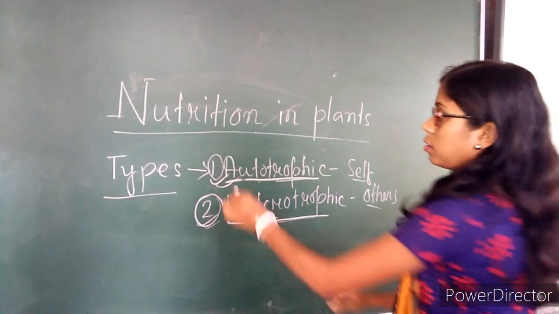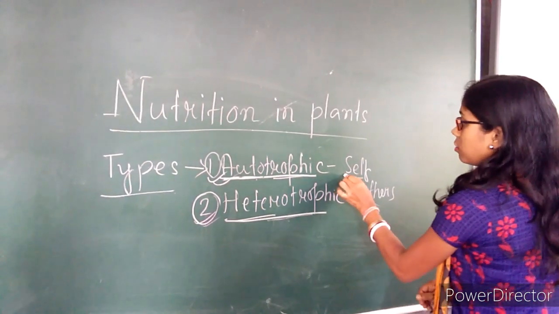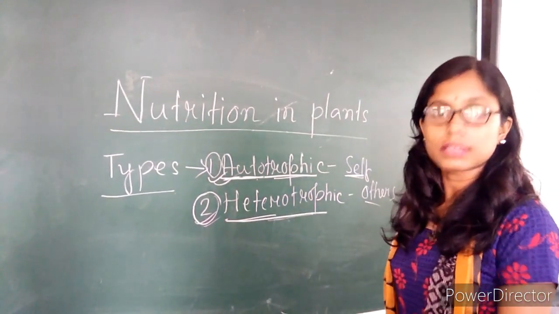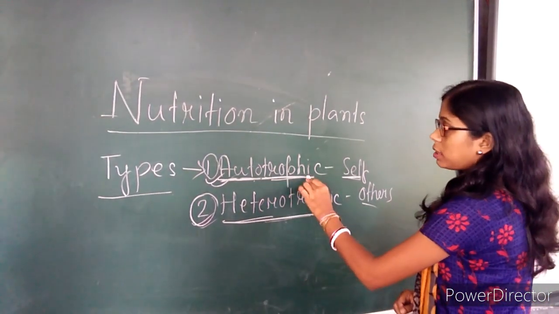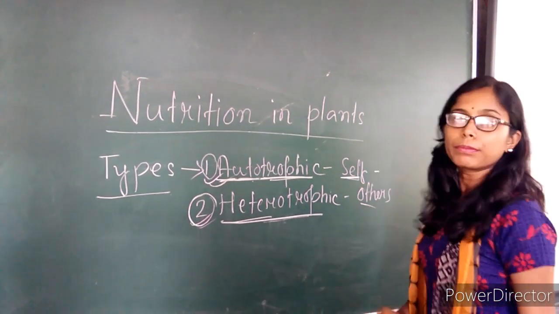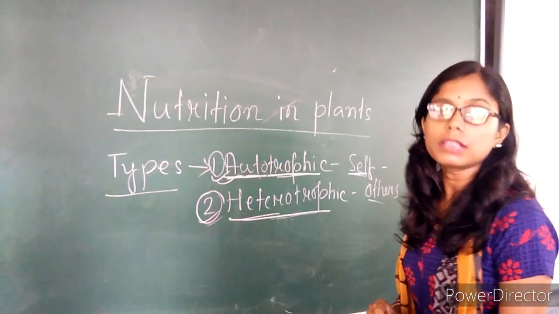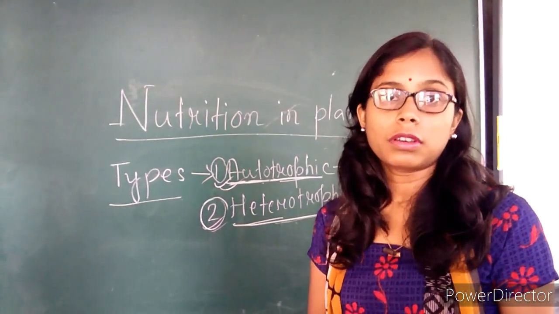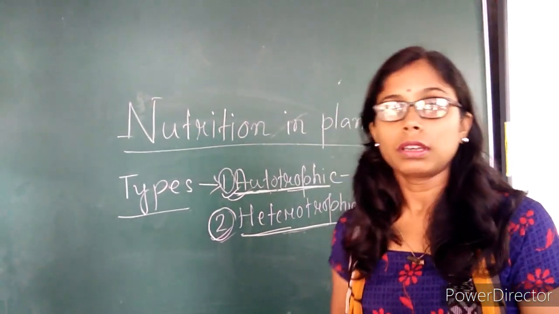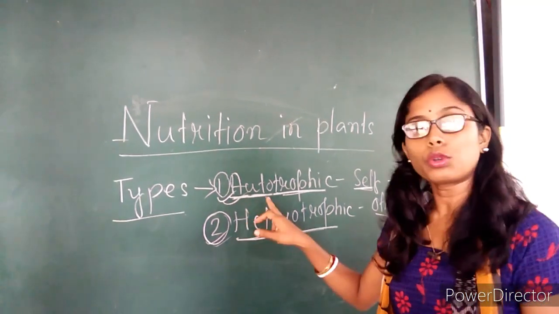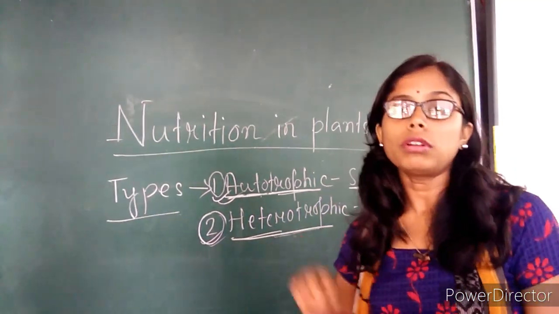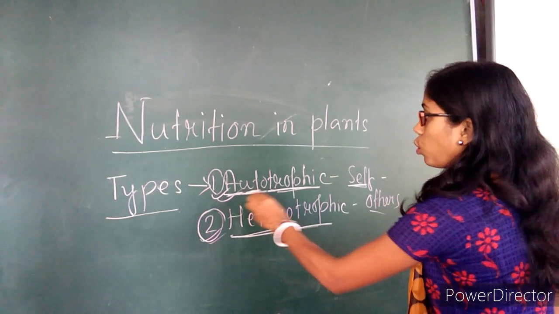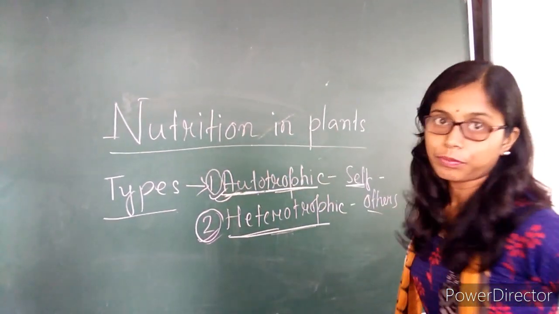Auto means self, and trophic means nourishment. The organisms nourish themselves without anybody's help. They are called autotrophs, and the mode of nutrition is called autotrophic nutrition.